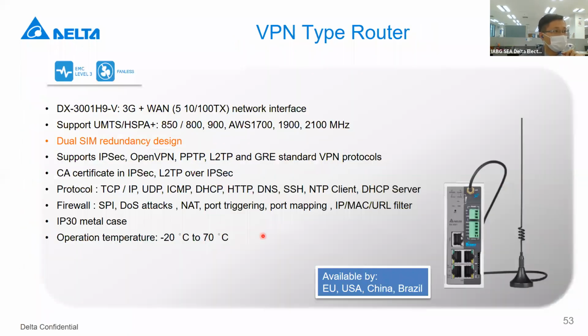Okay, and the next one is the VPN type. VPN type means, first, the customer does need a VPN server by themselves. I think this type is not the normal requirement, because normally if not a big company, they will not pay for VPN servers.